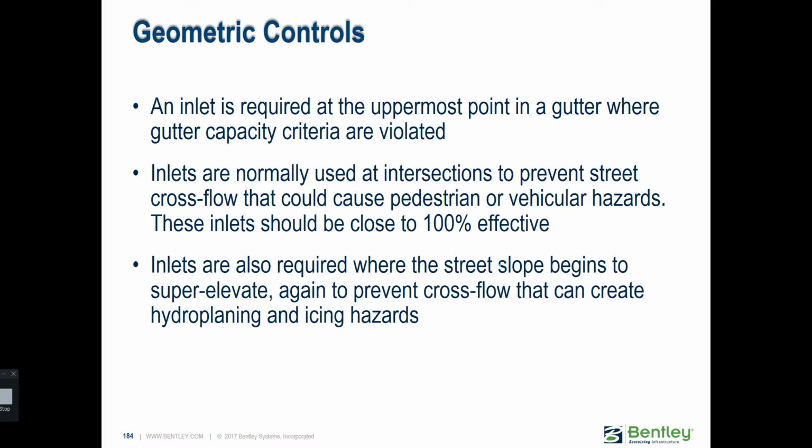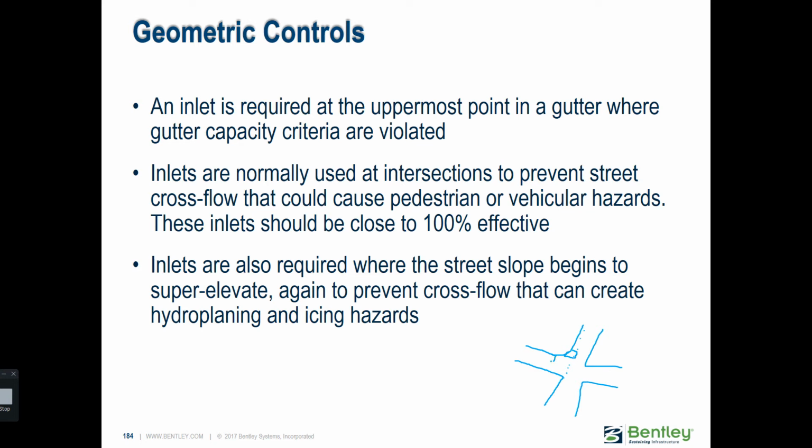Where else do you typically have inlets? At intersections, because let's say you have an intersection that looks like that. Typically you will have flow coming from here, and you don't want that becoming a hazard all throughout, so you put an inlet right there.